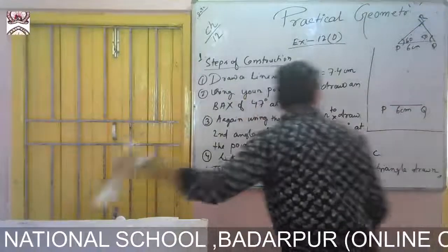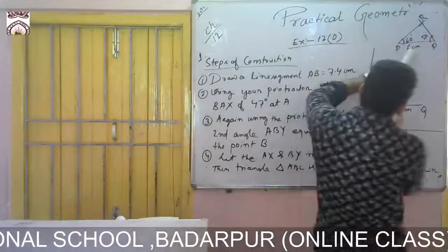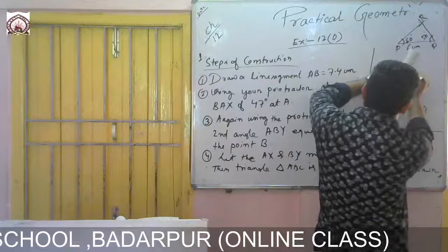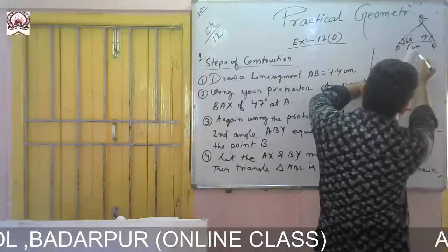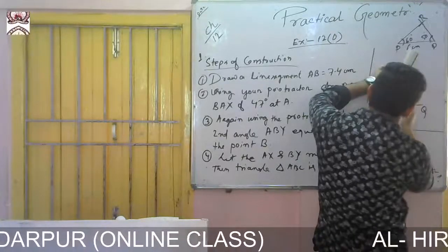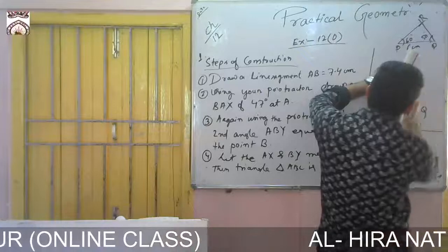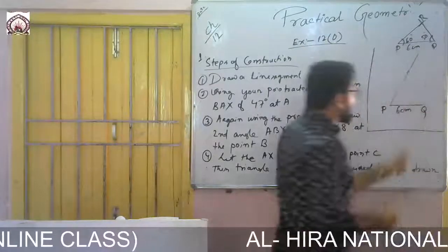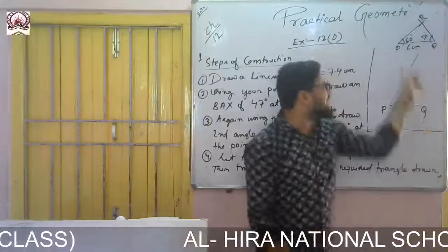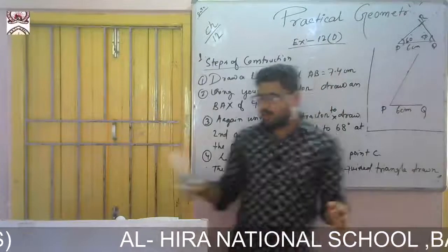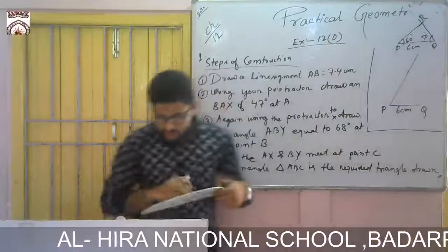Now join this one, PA. Make sure that you keep the arms of the angle quite long, because the arms from Q will intersect this arm. For that reason I need to keep this one long.